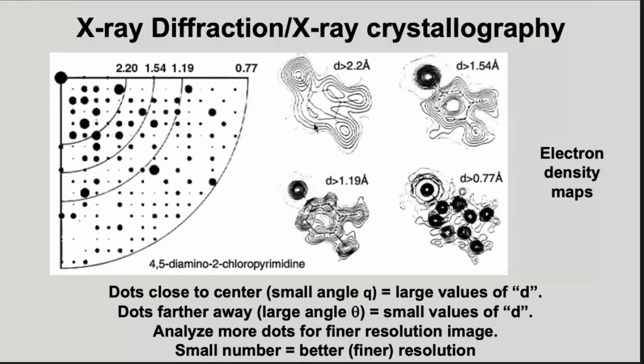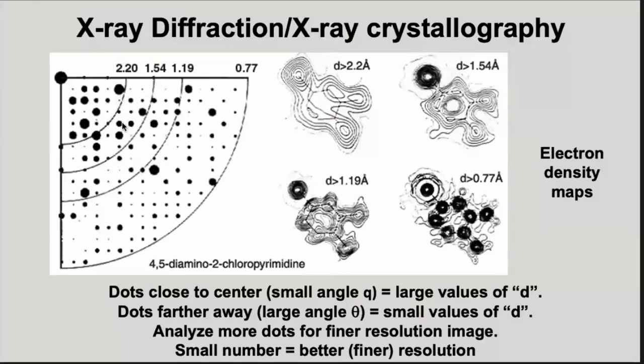Once you've done that, you can refine the model by gradually analyzing more values of D by studying more of the dots on the X-ray pattern. After you've studied the dots closest to the center, you move a little farther out and analyze some more of the dots that lie a little farther away.